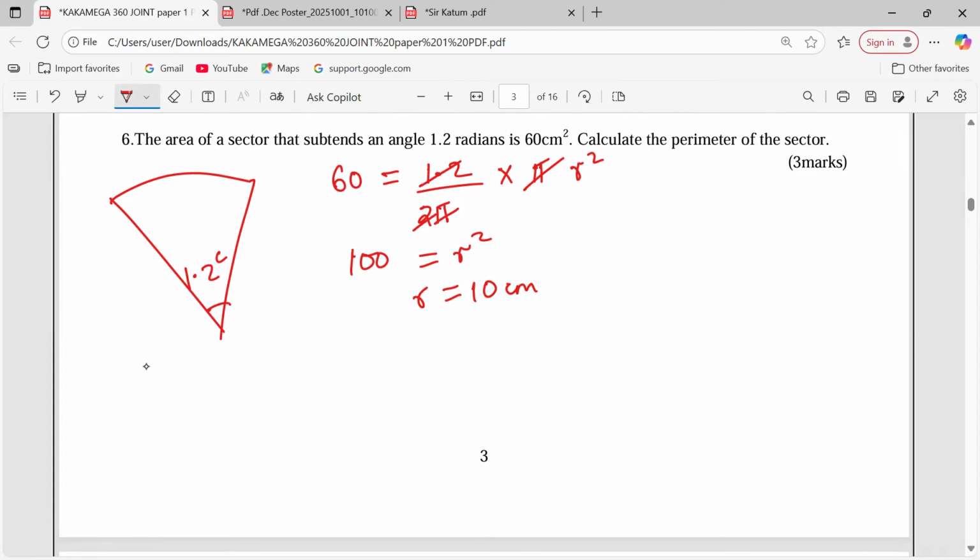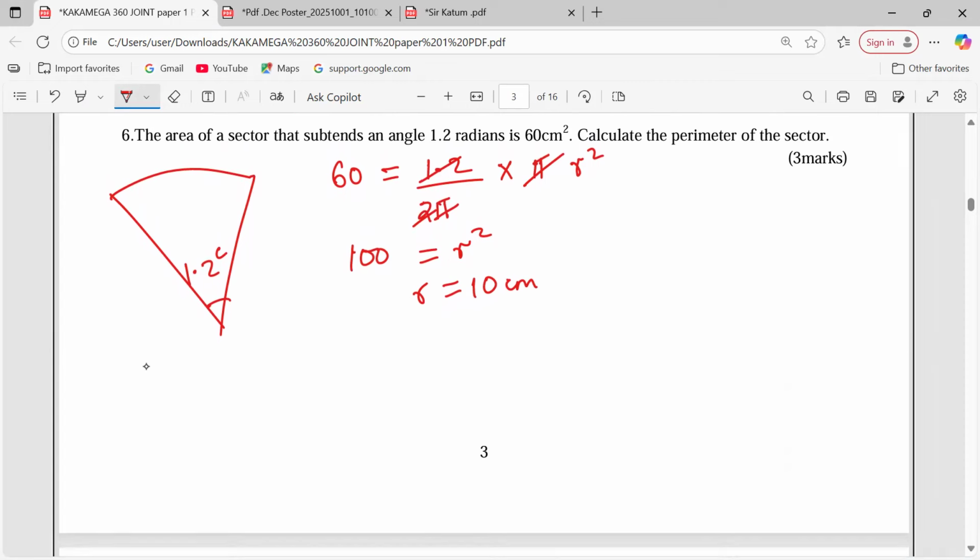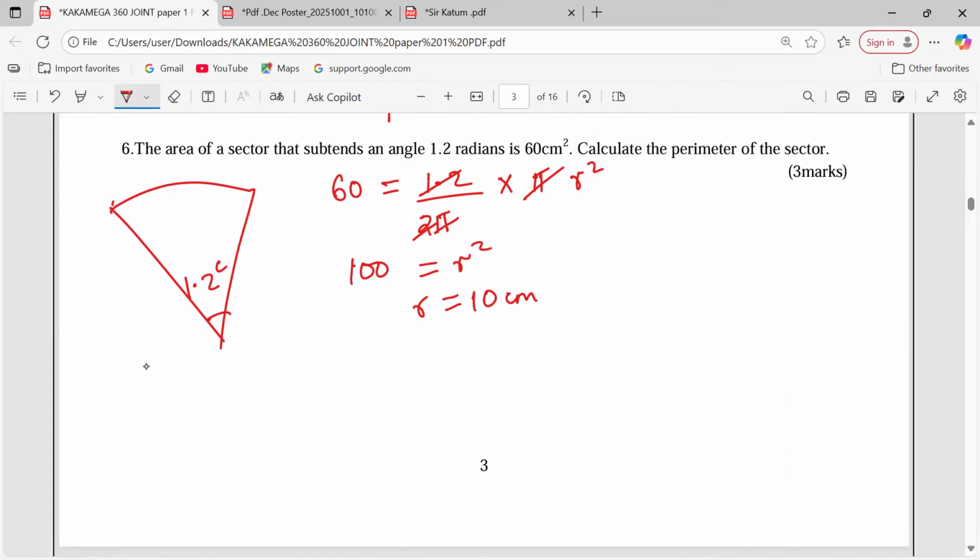If we have the radius, we can find the perimeter very quickly. We can start with arc length. Arc length will be equal to beta out of the total angle at the center, beta over 360 times 2 pi r.